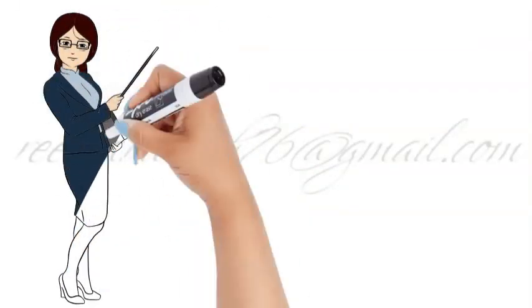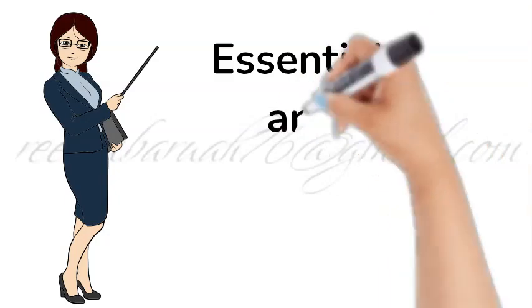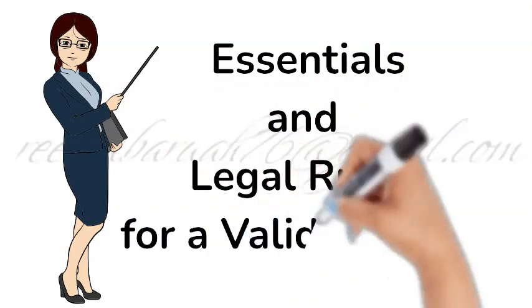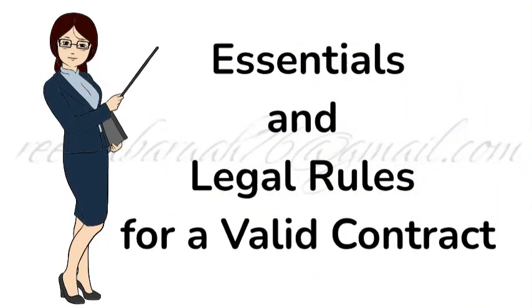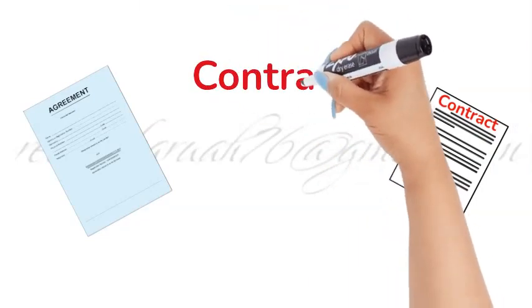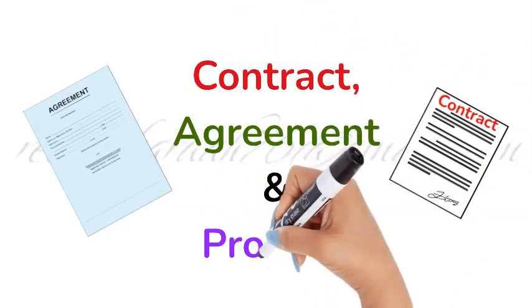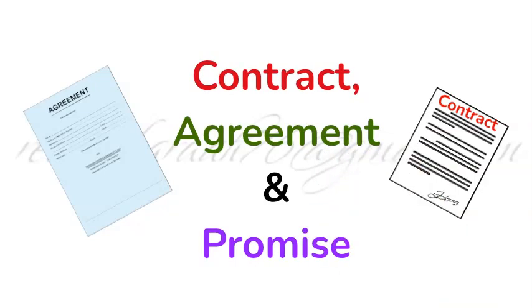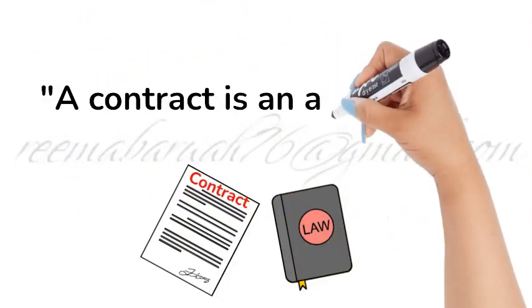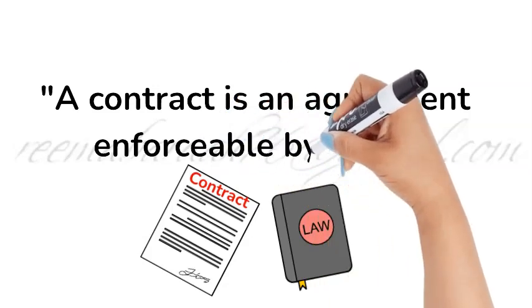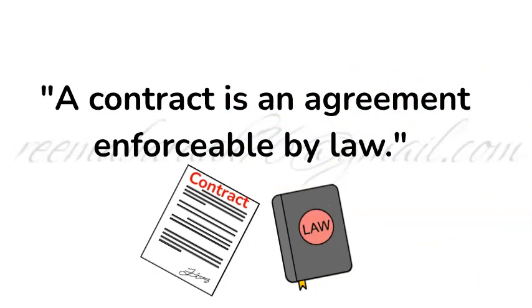In this video, I will talk about the essentials and legal rules for a valid contract. In my previous video, I explained the term contract, agreement, and promise. We know that a contract is an agreement enforceable by law.